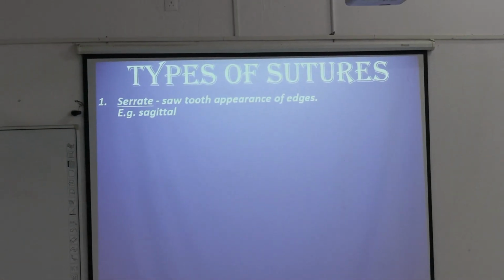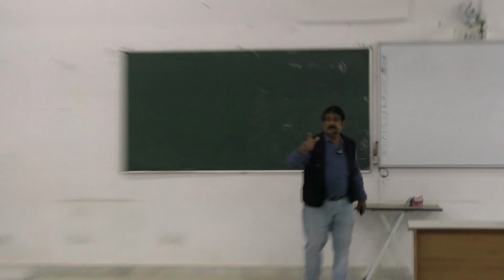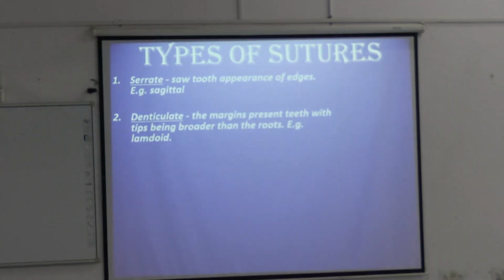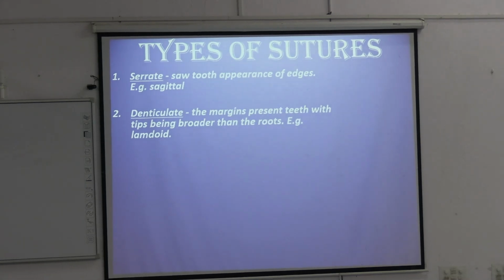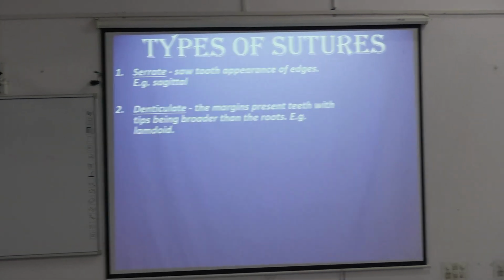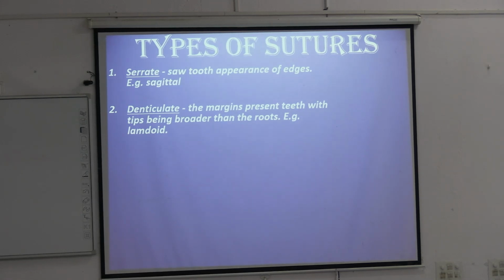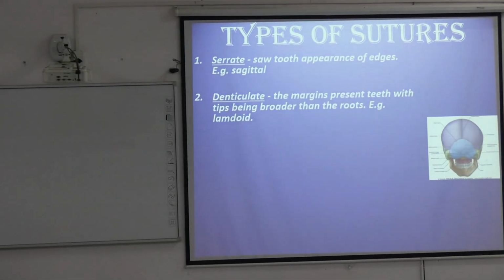When you go to the dissection hall and see the skull, you will see this. Denticulate: the margin has teeth with tips broader than the roots. Example, lambdoid.